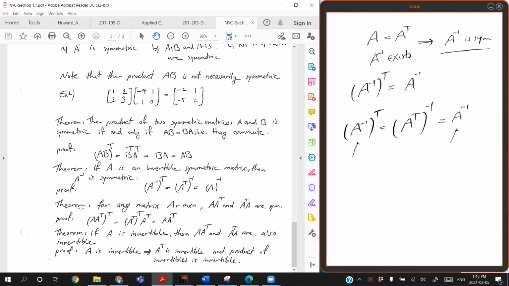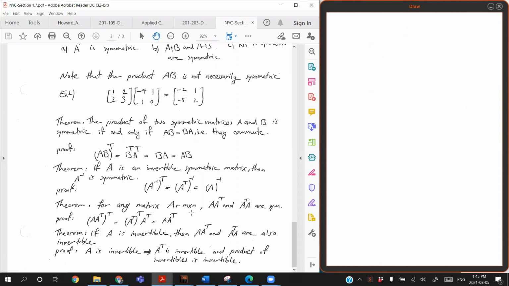Then we have this one. For any matrix A that is m by n, A times A transpose and A transpose times A are symmetric. So what are we trying to prove here?